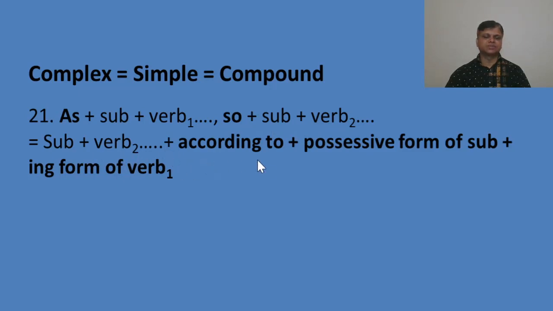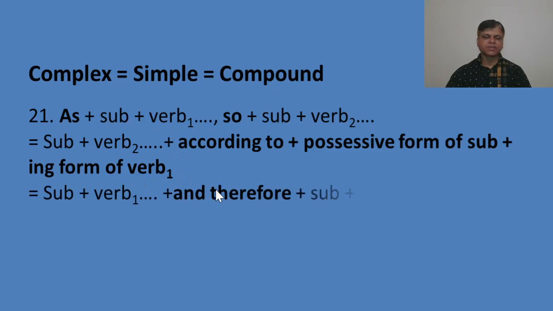Then we have to use according to, then the possessive form of the subject and the ing form of verb 1. If you want to make it a compound sentence, you have to follow this structure.